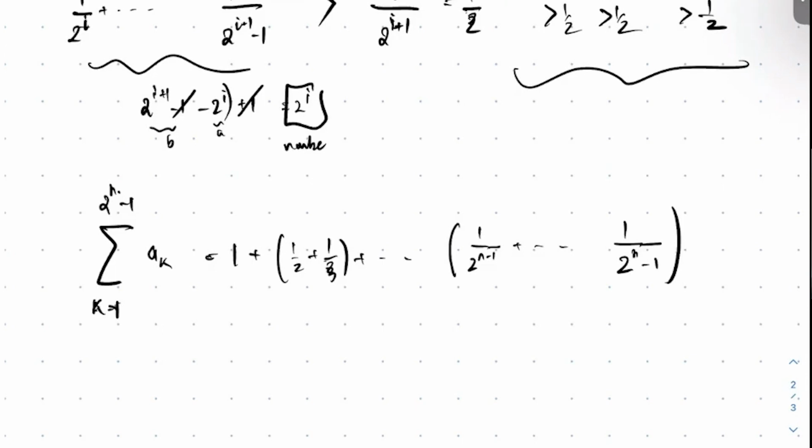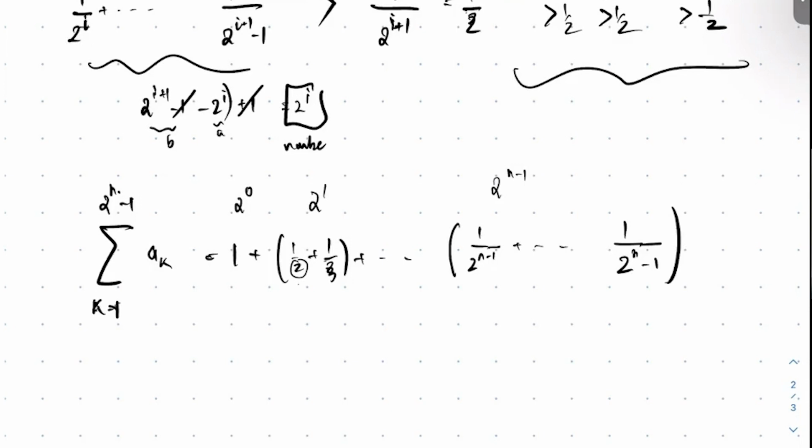So how many such brackets are there? This is the first bracket, greater than half. I'm taking the starting point and counting how many brackets there are. The first bracket starts at 2 to the power 0, and this is 2 to the power 1.